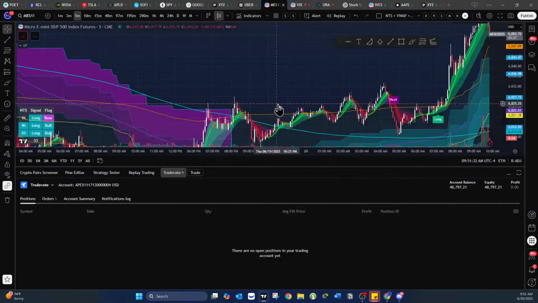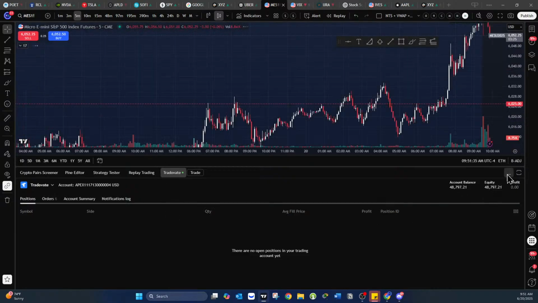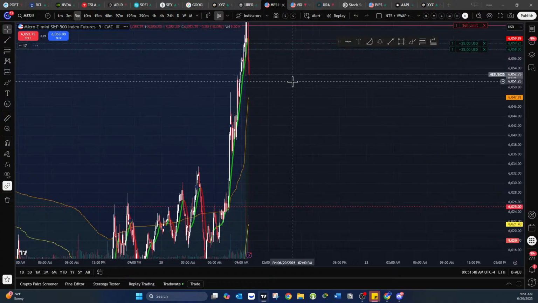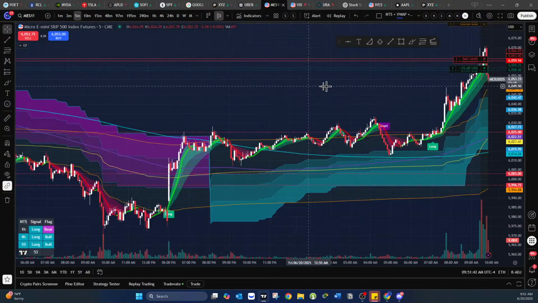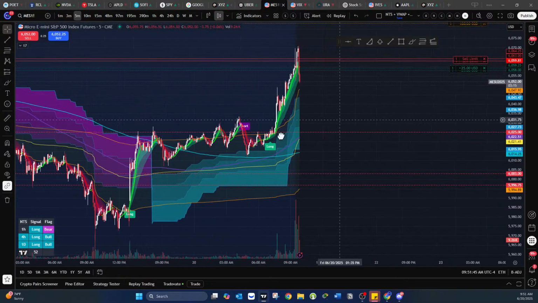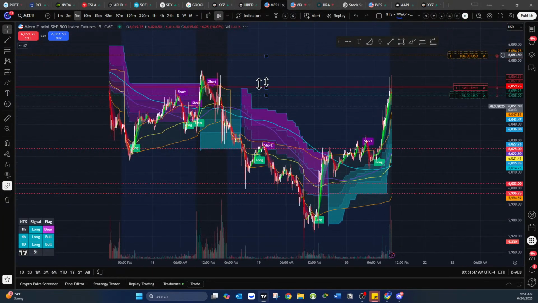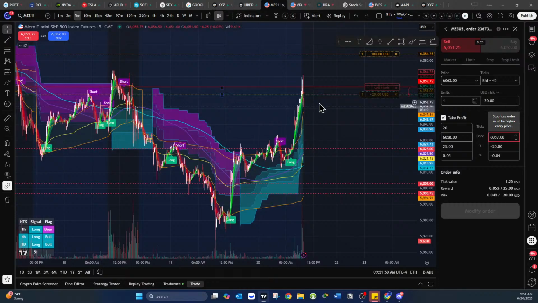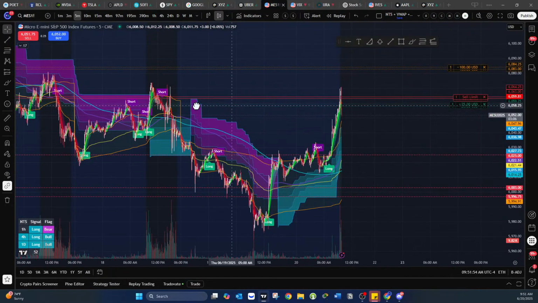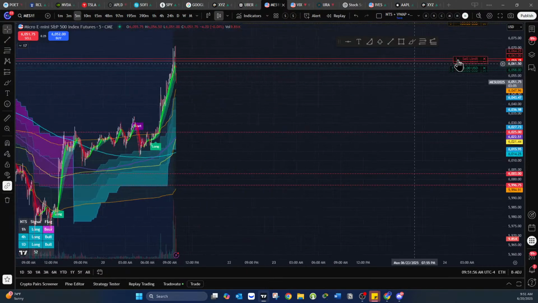Yeah, here we go. So this is how you can trade with TradingView directly, the futures, once you link the accounts. See, it has the orders that I placed earlier show up on the chart.